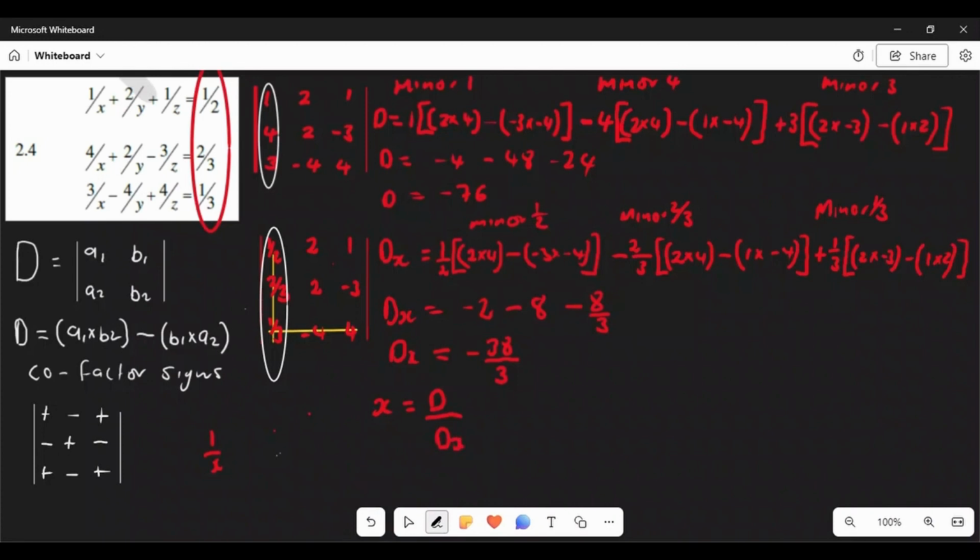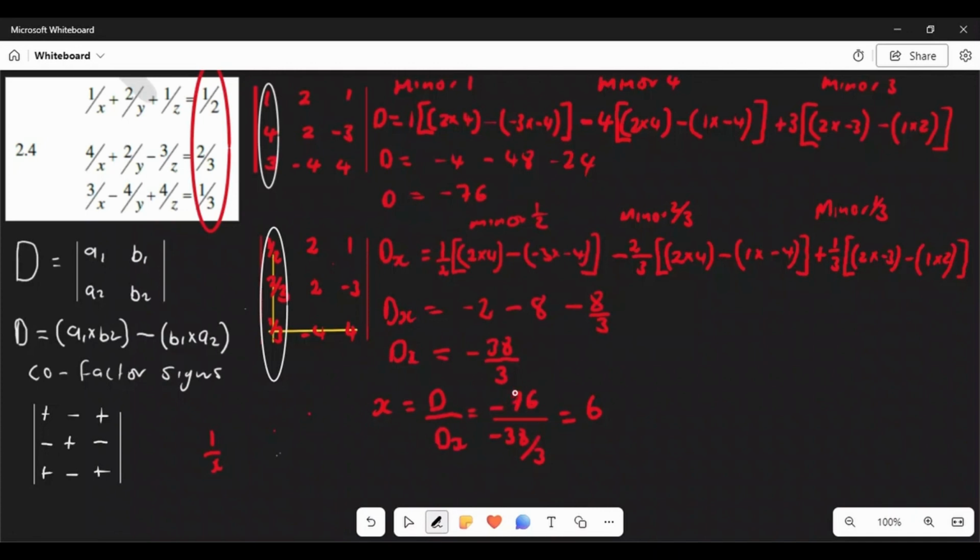So what is the determinant that we calculated there? It's going to be -76 divided by the determinant of x, which is -38 divided by 3. So x is equal to 6. If you put that in the calculator, x is going to be equal to 6. So guys, this is how you get your x.